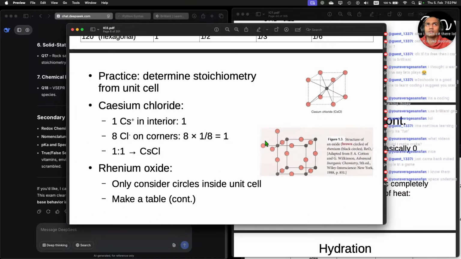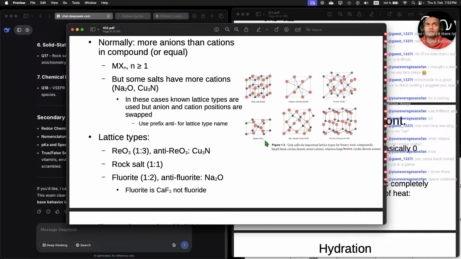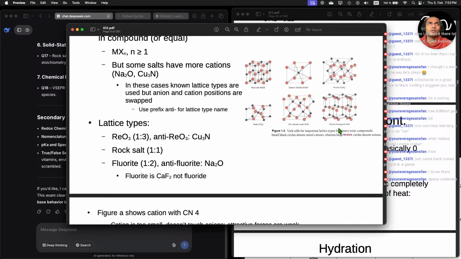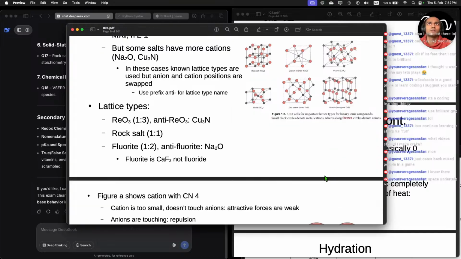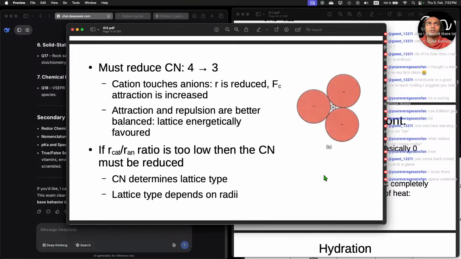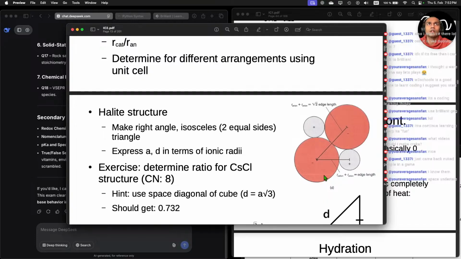Lattice. Rock salt, cesium chloride, fluoride. We're learning about lattice, okay.